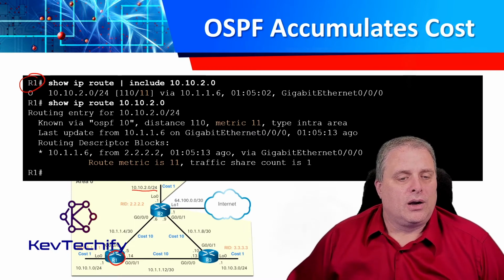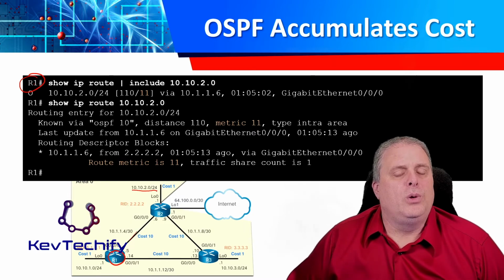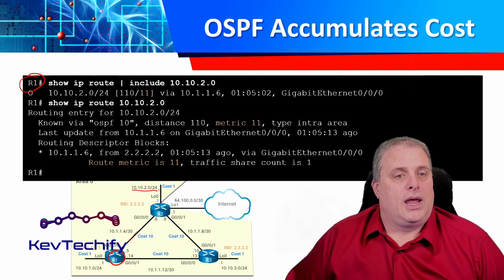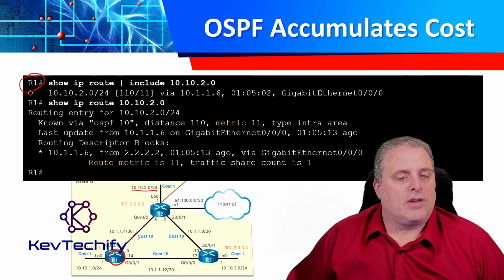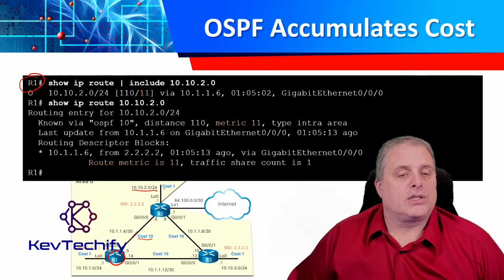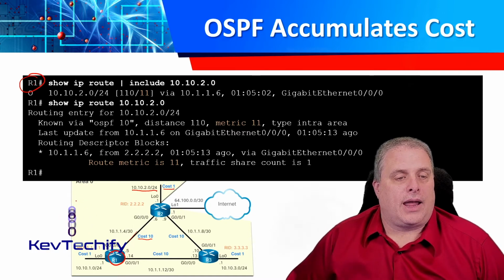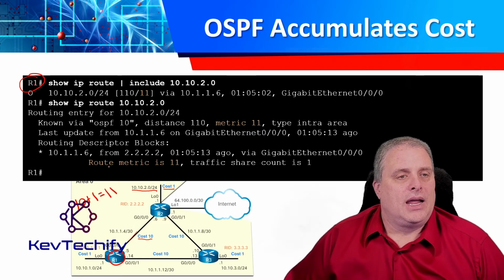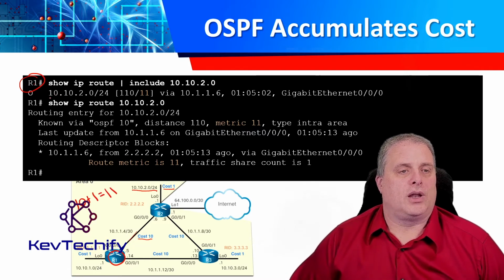Now to get there, we have to go through the network that connects R1 to R2, and then we have to go on to that loopback network that comes out of the top of R2. When we look here, we have a cost of that first network between R1 and R2 as 10. And then we have a cost of 1 to get onto that loopback address. Adding up our cost, 10 plus 1 is 11.